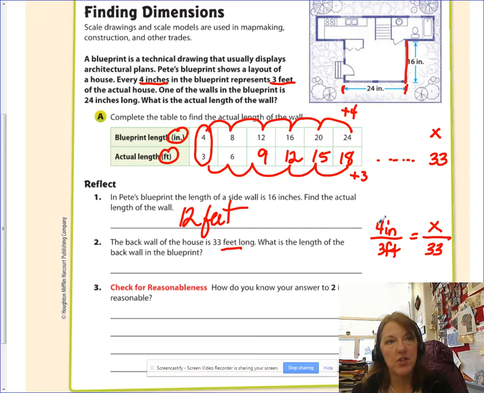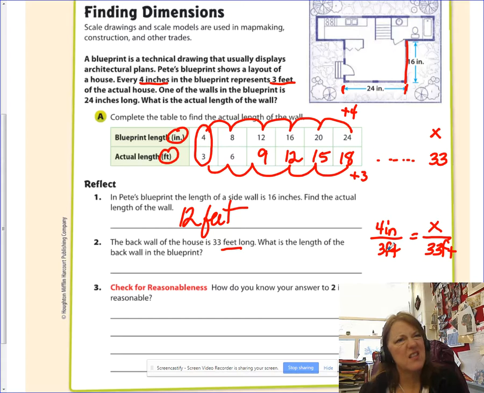When you have 2 ratios, or in this case, since I've written my ratios as fractions, when you have 2 fractions that are equal to each other, that forms a proportion. So 4 inches is to 3 feet. That has to equal this over 33. Now, there are a lot of ways to go about solving this, all right?